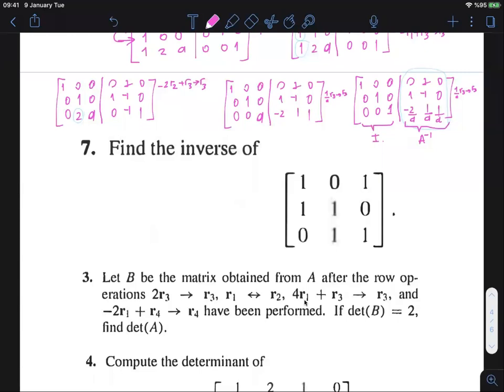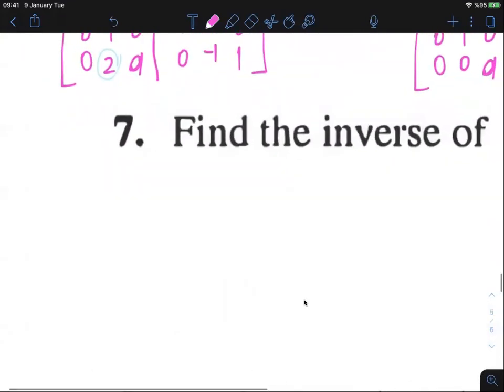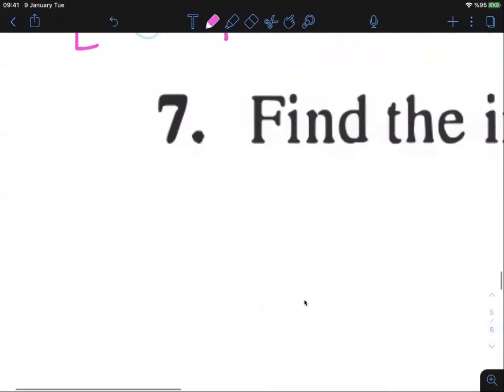Let me do another inverse matrix example. This time, let's use the Adjugate matrix method. So you remember there was something called the Adjugate matrix.